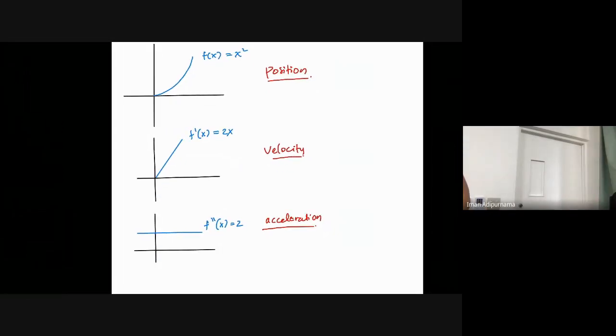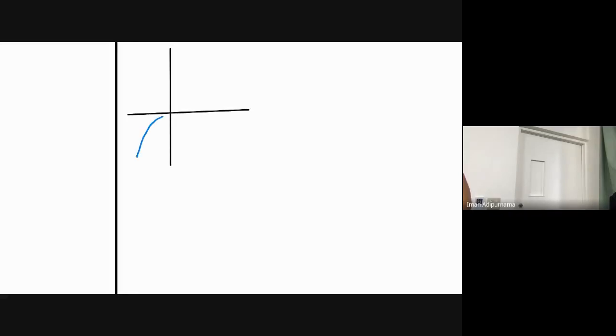Let's see the next case. Let's say now you have, let's say, this is x cubed.